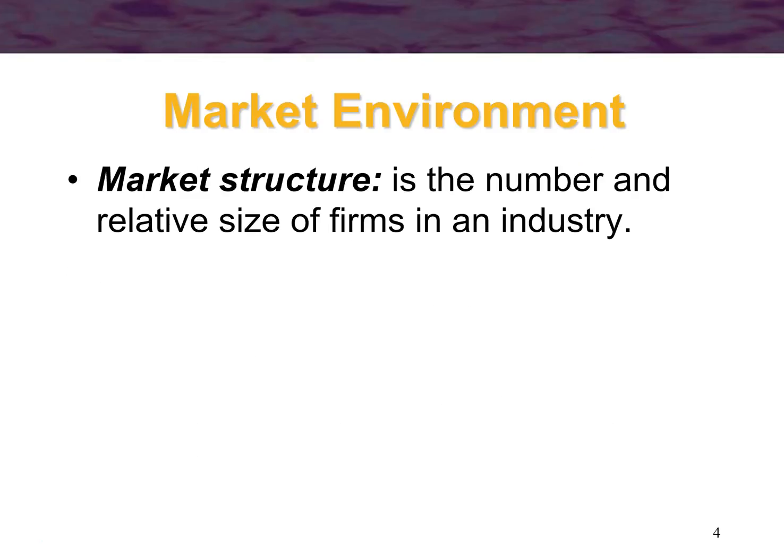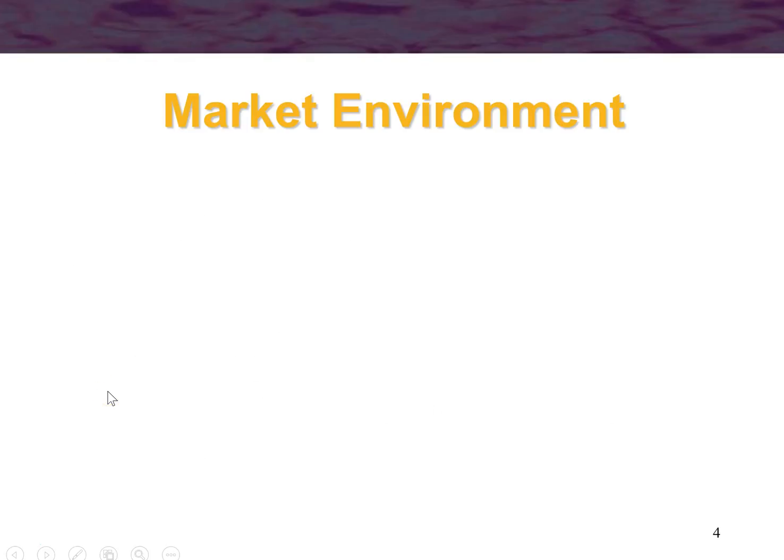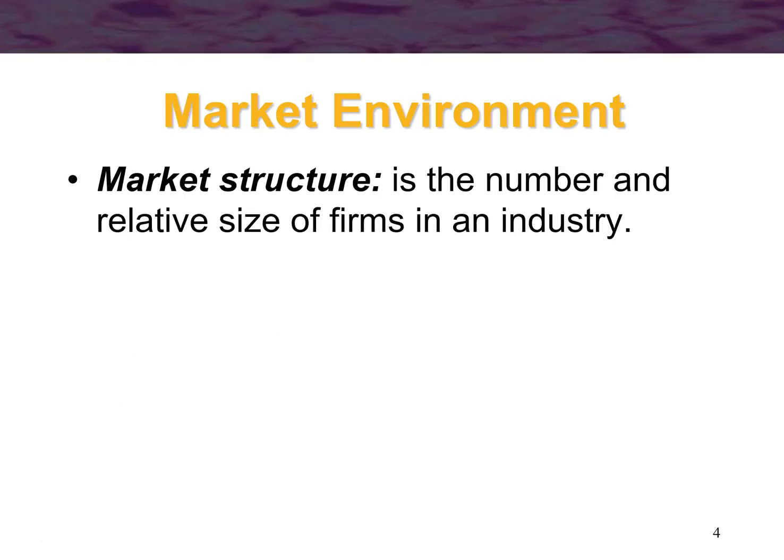Now, this sometimes is referred to as the SCP model. SCP: structure S, conduct C, performance P. And what the SCP model says is if any one of the three elements of the market environment changes, the other two will change.